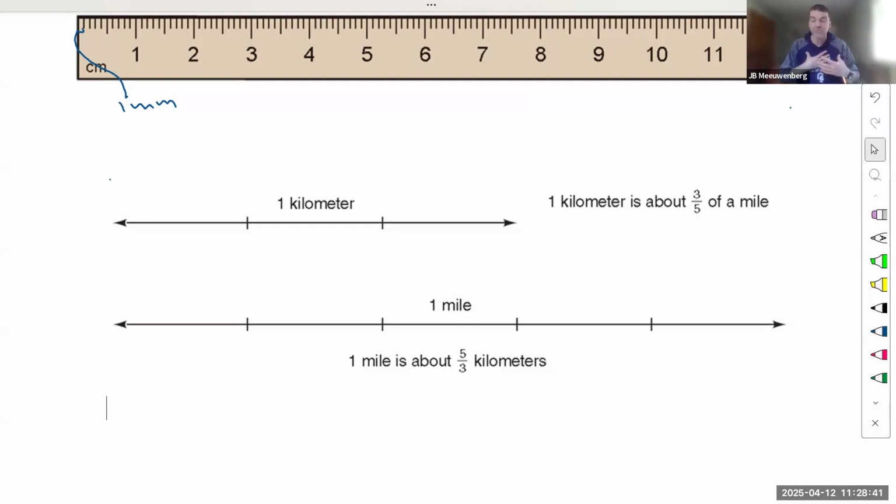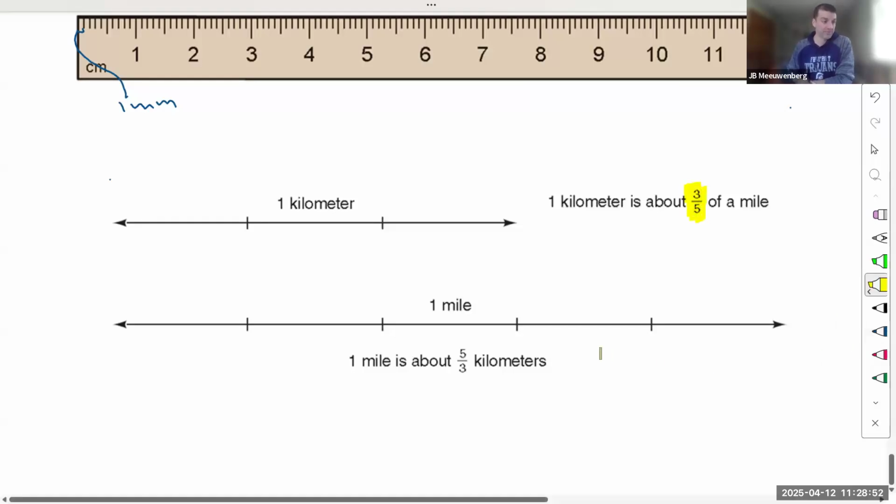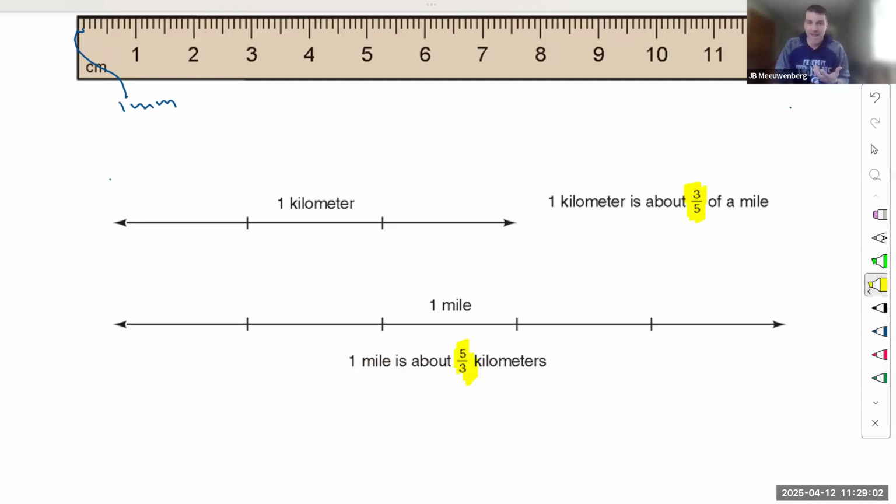But to relate it to miles, a kilometer is approximately, not exactly, approximately 3/5 of a mile. Or inverted, a mile is about 5/3 kilometers. And so we can use that to estimate different distances in both units.